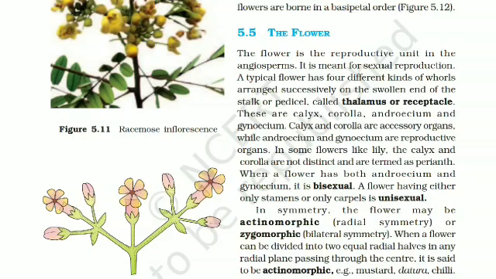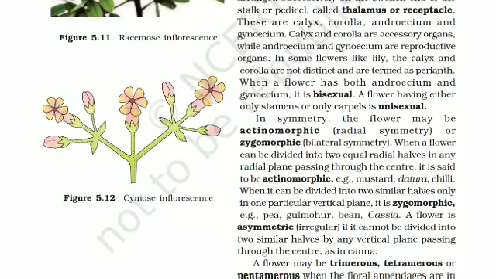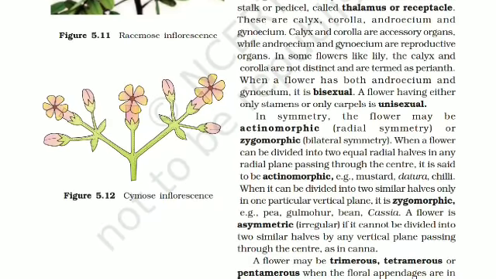In flowers also, they have different symmetry. The flowers may be actinomorphic, that is radial symmetry, or you know about what is radial symmetry, and zygomorphic, that is bilateral symmetry. When a flower can be divided into two equal radial halves in any radial plane passing through the center, it is called actinomorphic.